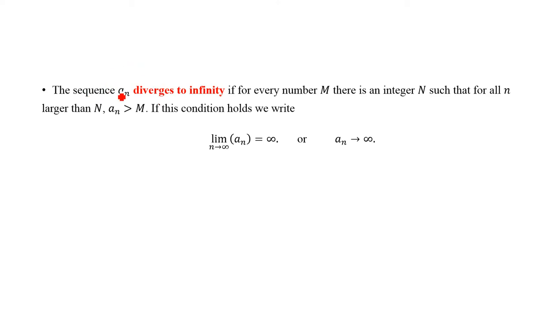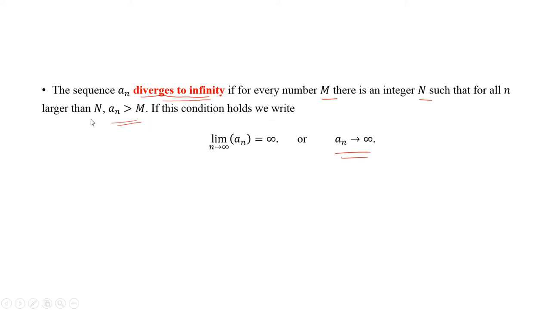So there is another concept of divergence. The sequence a_n diverges to infinity if for every number M there is an integer N such that for all n greater than or equal to N, a_n is greater than M. If this condition holds, we write that the limit of a_n as n approaches infinity is infinity, or a_n approaches infinity.